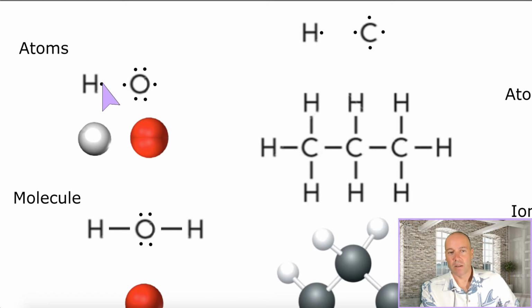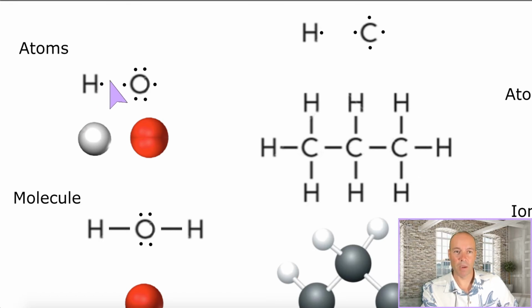Hydrogens, being in group 1A, have 1 dot, and oxygen is in group 6A, so it gets 6 dots. All right, and what happens is the oxygen has a single unpaired electron here, and it is willing to share that, and so is hydrogen.